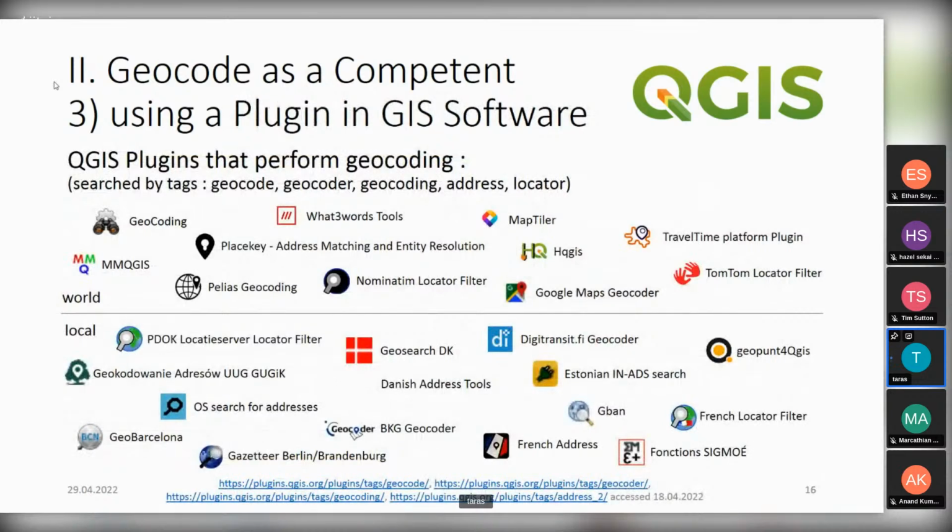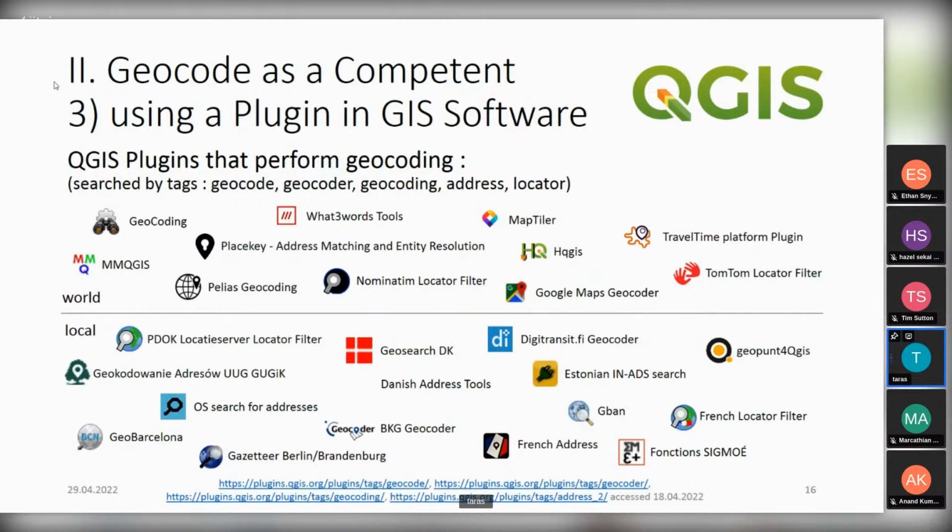Another possibility to geocode at the competent level is using a plugin in GIS software. On this slide, I tried to collect all the plugins that I could find by text: geocode, geocoder, geocoding, address, locator, and so on. I split them into 2 groups. On this slide, you see the geocoders or plugins with world coverage, and at the bottom, you see more with local coverage.